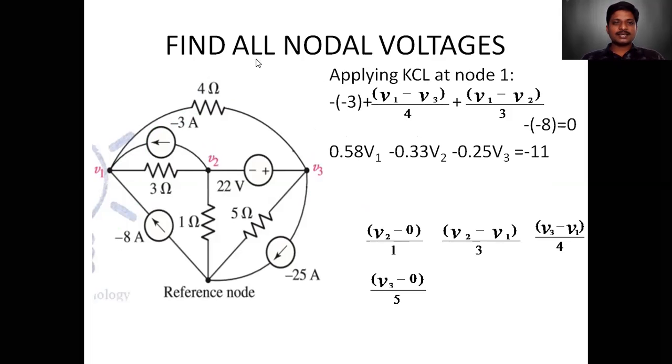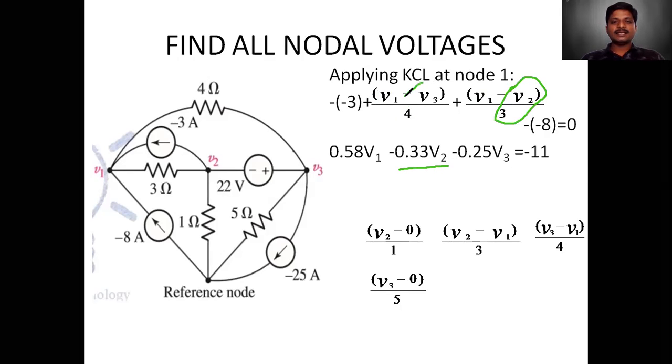Okay. And now you have to mathematically simplify this equation. As I told you already how to do it: V1 by 4 is 0.25 V1. V1 by 3 is 0.33 V1. So 0.25 plus 0.33 will give you 0.58 V1. Next, minus V2 by 3, so that will give you minus 0.33 V2.